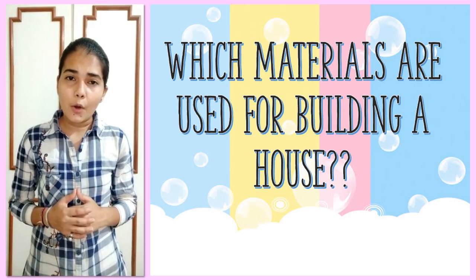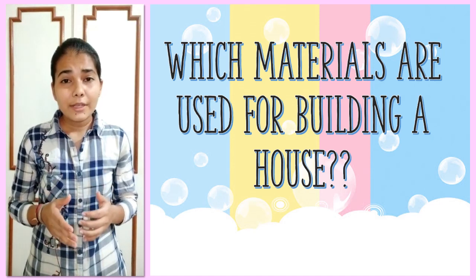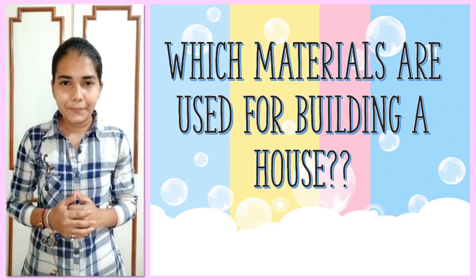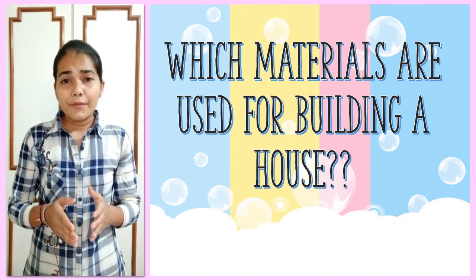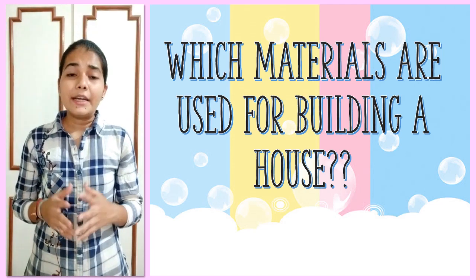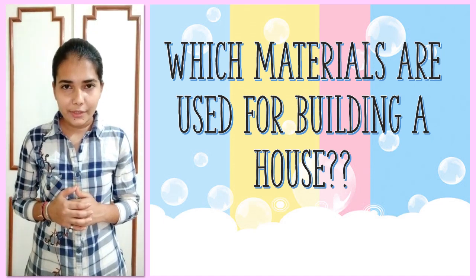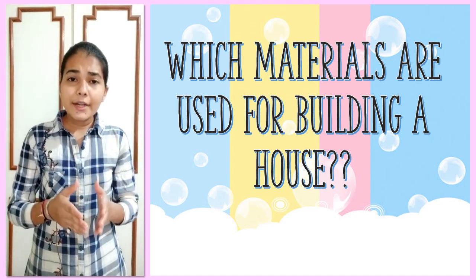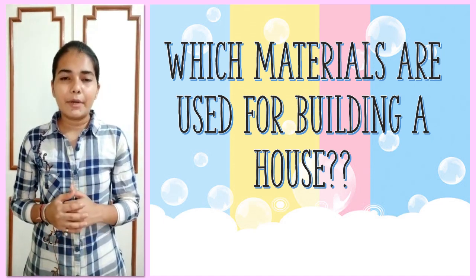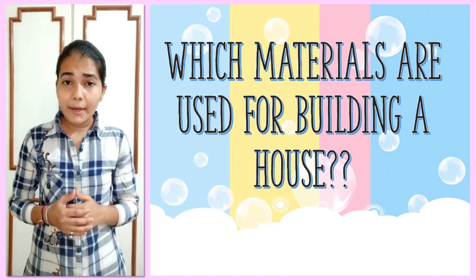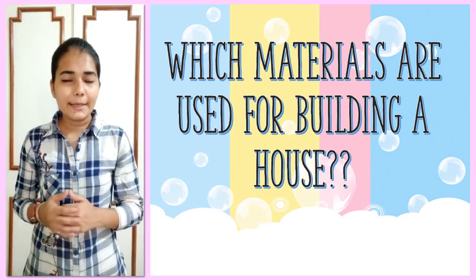As we read now, a house can be small or large. We also saw that we need different materials which are used in building houses. Different types of houses need different materials. A house can be built of bricks and cement.